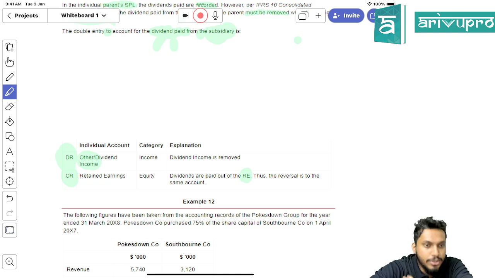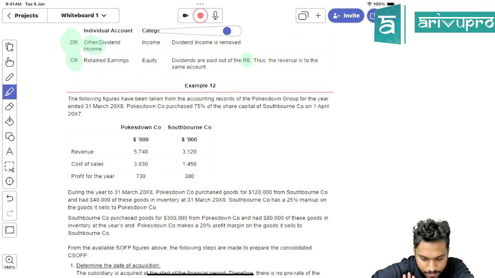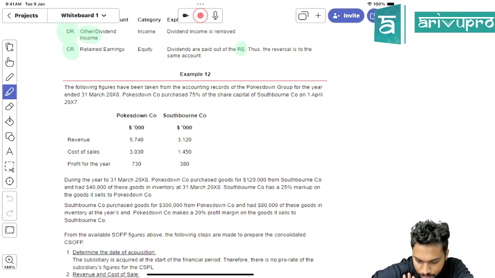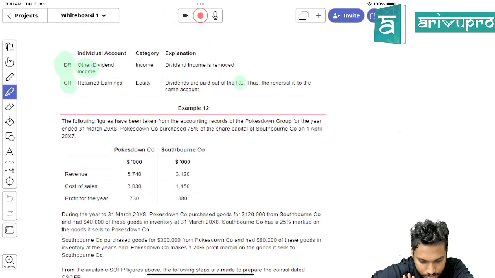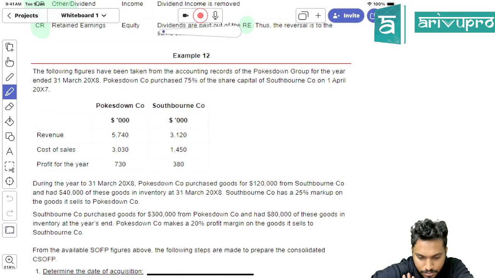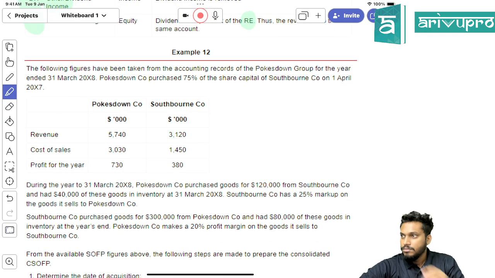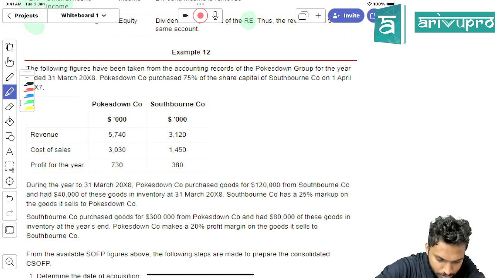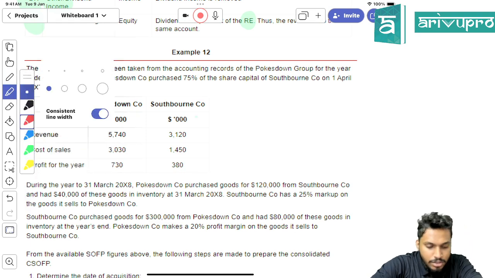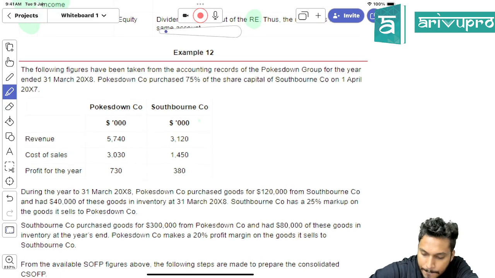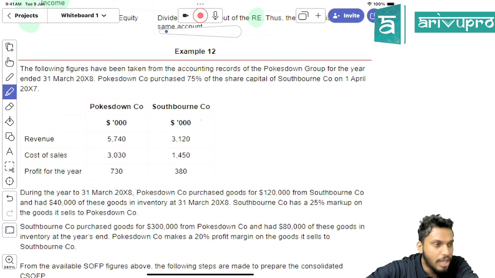So let's see example 12. Right, let's discuss this. The following figures have been taken from the accounting records of P Group for the year ended 31st March 2018.